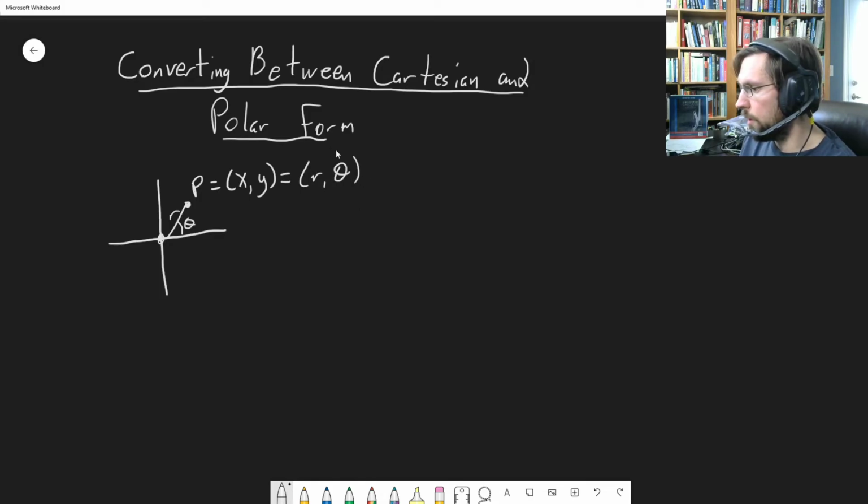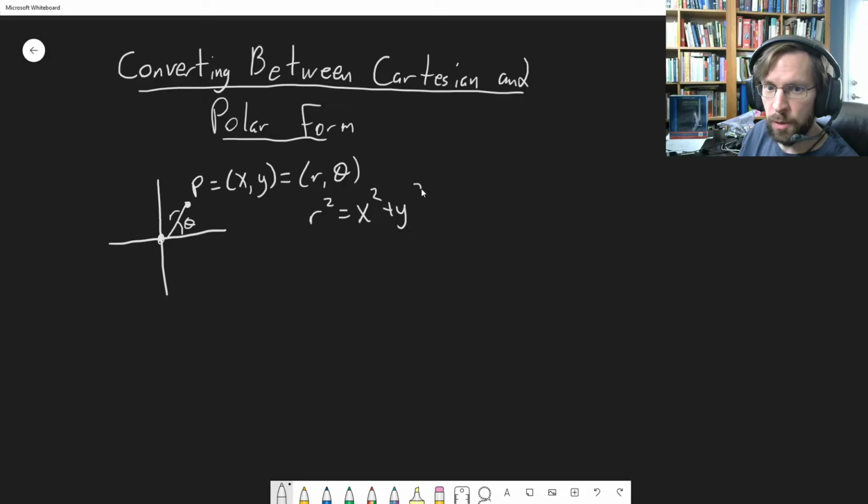One way we can go about doing this is we know that r squared has to be x squared plus y squared. Because if we draw this, this distance here is y, this distance here is x, and we form the right triangle. So we can use the Pythagorean theorem.